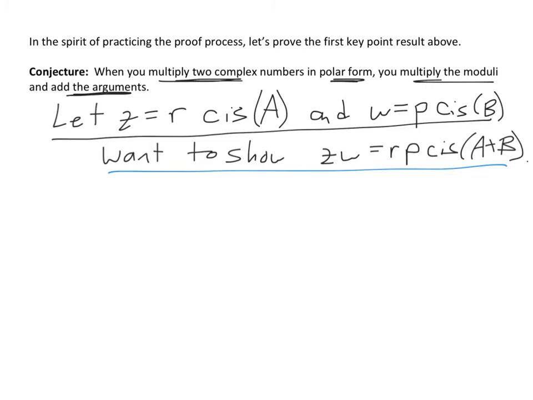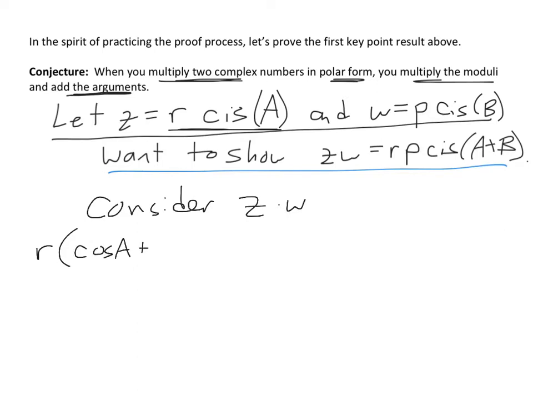So my thought on this is, all right, well, let's go back then and let's consider z times w. And let's actually write these out as r times, now remember what z is, it's cosine a plus i sine a. That's z.